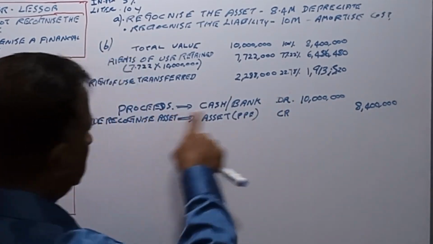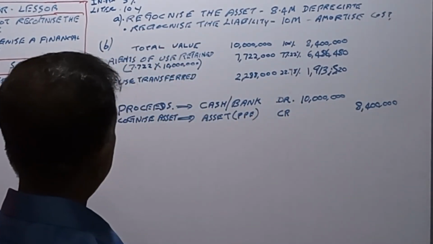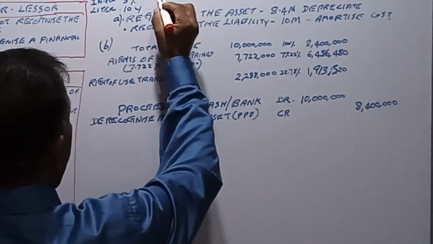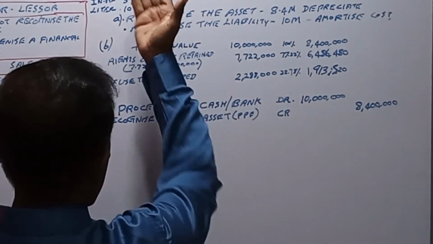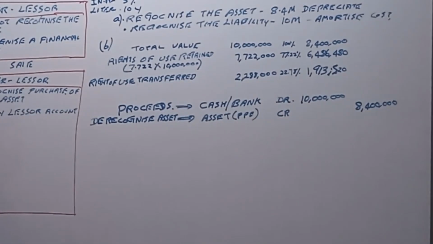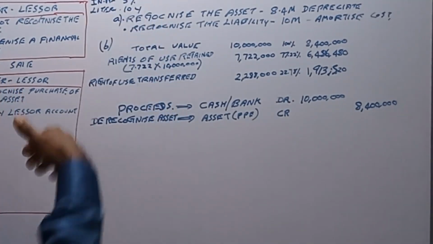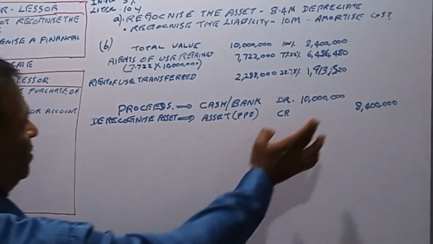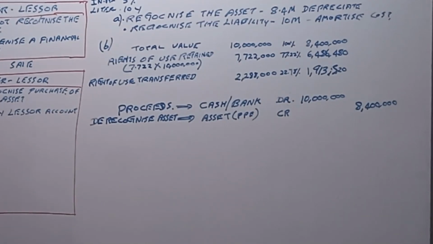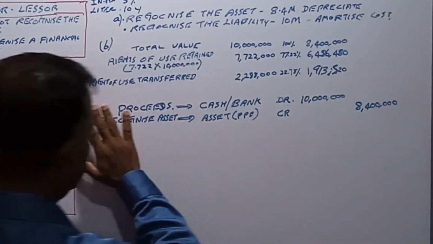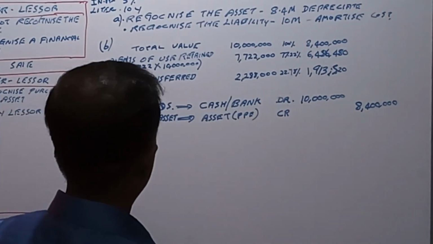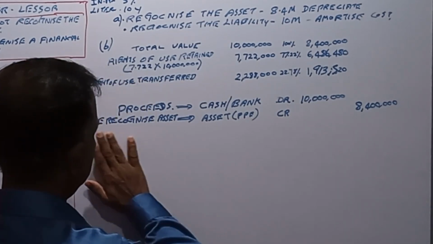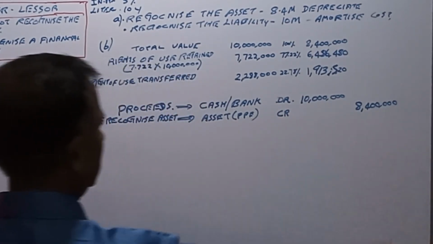So we recognize the sale by receiving the cash proceeds of 10 million at fair value, and we de-recognize the asset at 8,400,000.